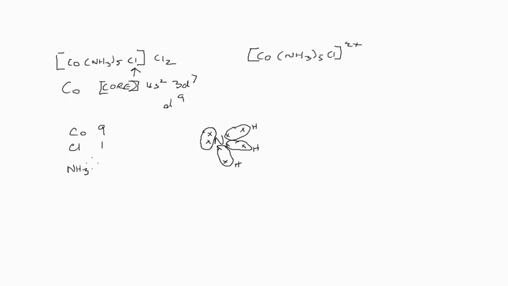Those electrons can readily donate to the cobalt to become 2 electron donors. So again, we have 2 electrons, we have 5 of them, therefore 10 electrons. Now, you'll recall that we have this 2 plus charge here, and so the 2 plus requires that we actually take 2 electrons off the total. 9, 10, 20 minus 2 gives us the 18 electrons.